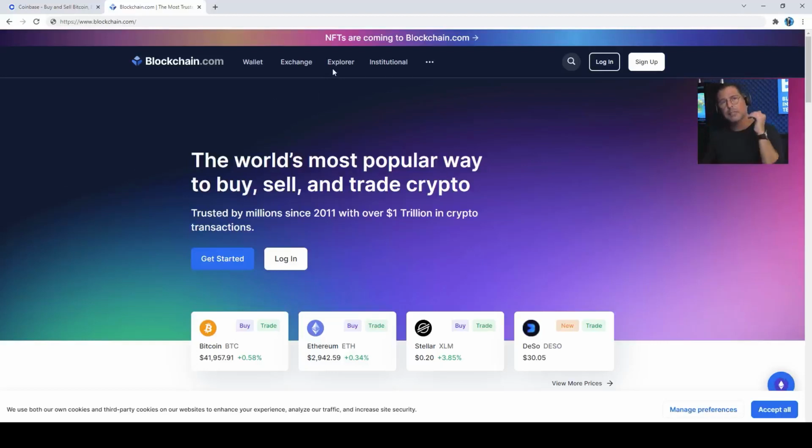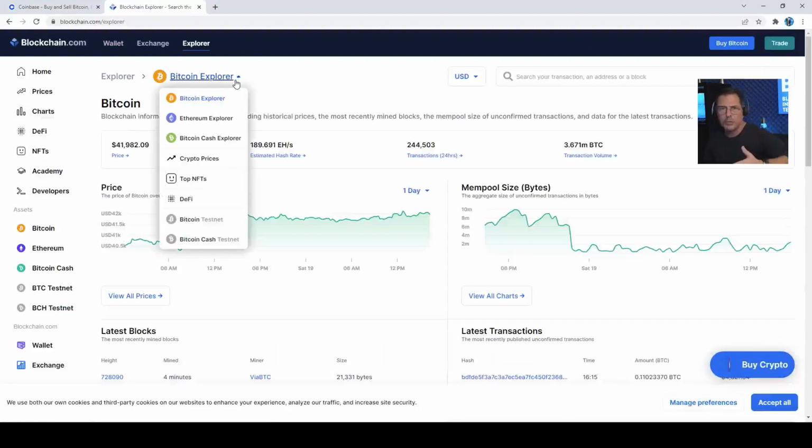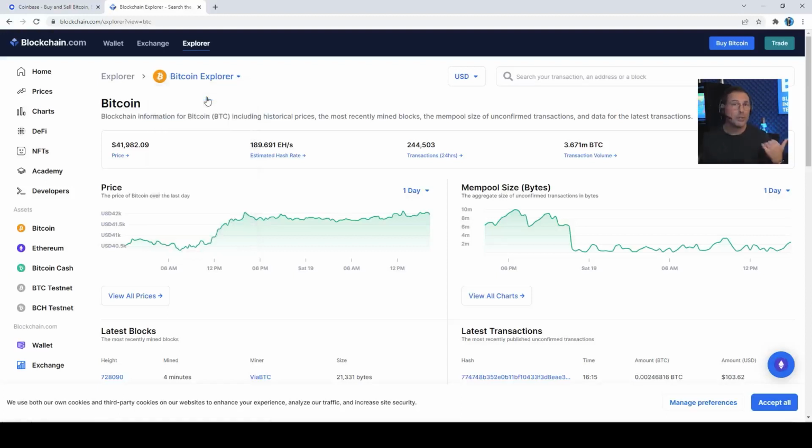A block explorer is a platform or tool that looks at a blockchain and at what's contained inside. You go to blockchain.com, go to the Explorer tab, and you'll be taken to Explorer. You'll notice they have multiple different explorers: one for Bitcoin, one for Ethereum, and one for Bitcoin Cash. I'm going to focus on Bitcoin because I want to talk about the Coinbase transaction in Bitcoin.